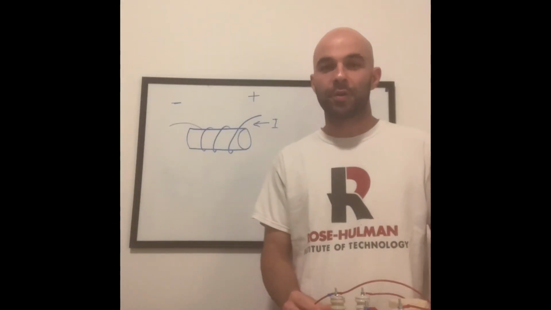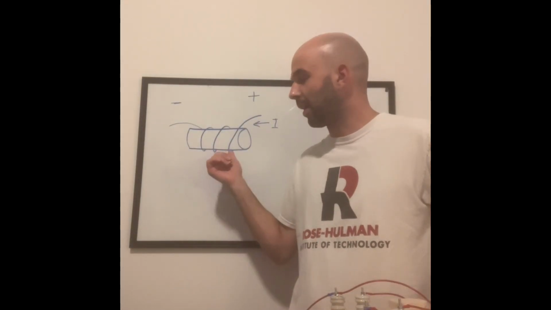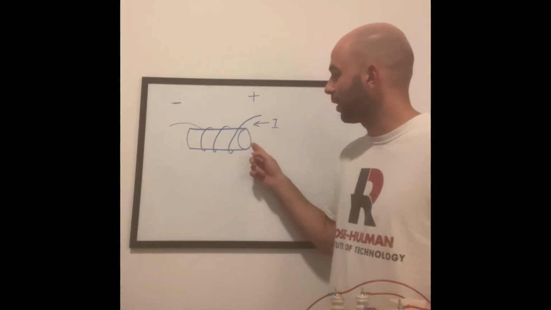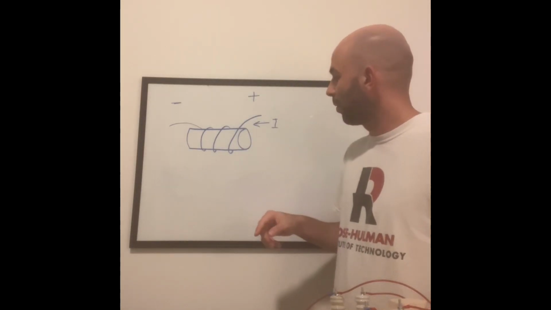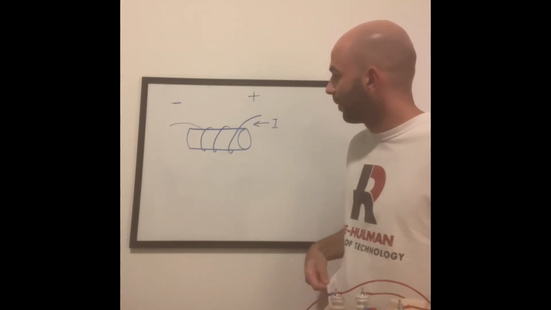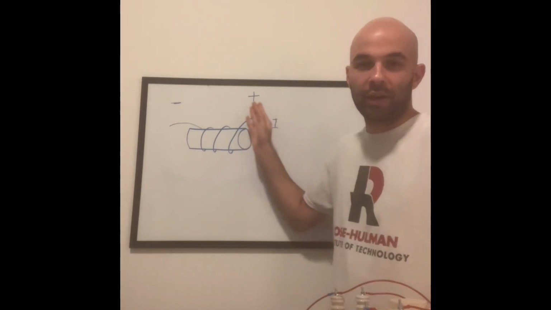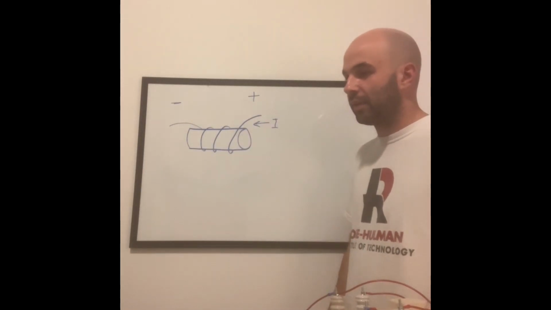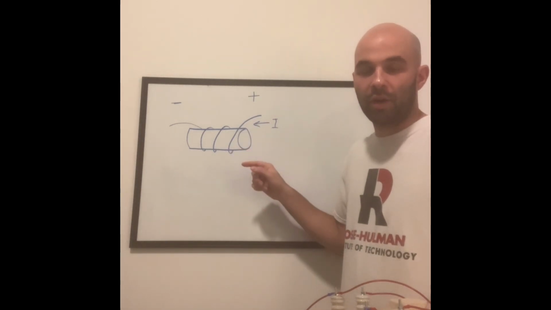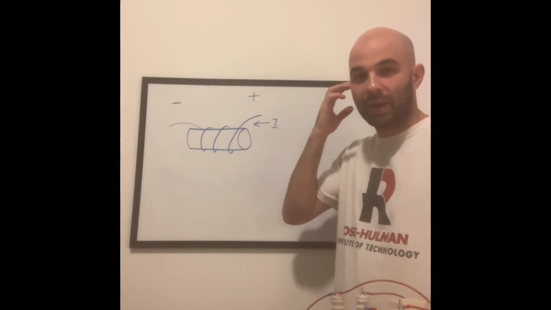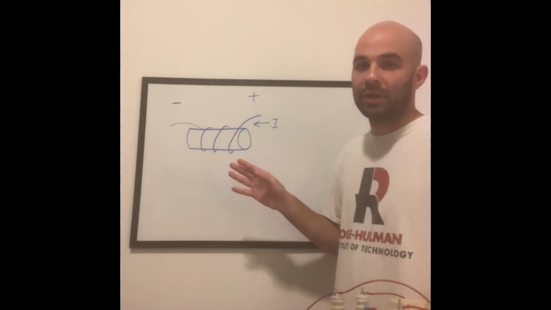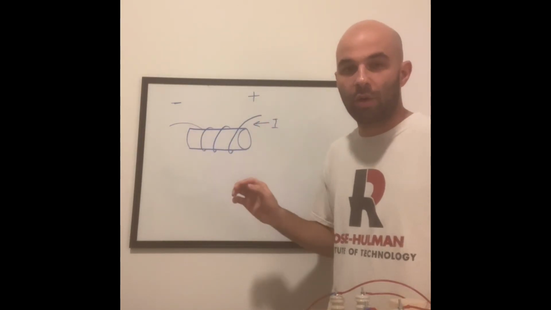Okay, so first let's go over some of the basics that we're going to need for analyzing the output of this transformer. I've drawn a basic coil design where I have the current coming into the coil in this direction, and that's going to develop a voltage across the whole coil. On this coil we're going to have a certain number of turns around the core, and the voltage across the entire coil has to be distributed across the whole of the coil.